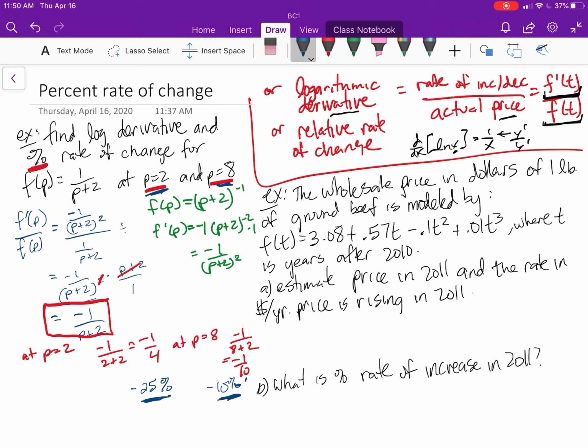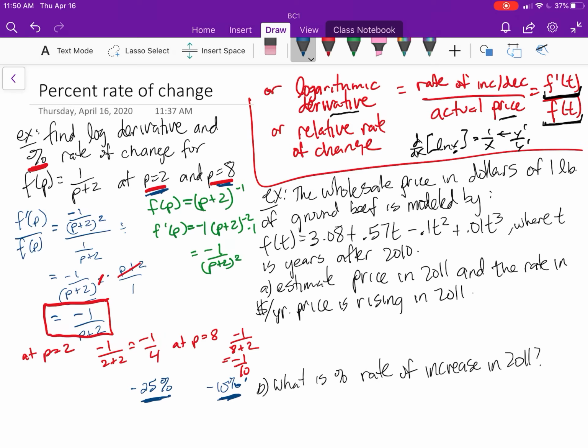All right, let's look at a more realistic problem here. The wholesale price in dollars of 1 pound of ground beef is modeled by that function. Okay, again, they probably took a whole bunch of data and put it in a computer and they got that function. So t is the years after 2010.